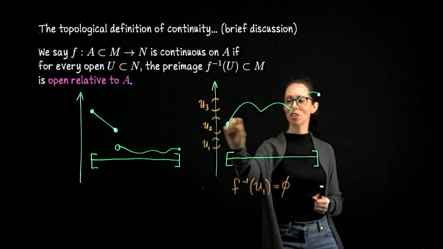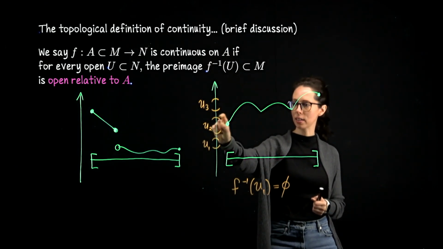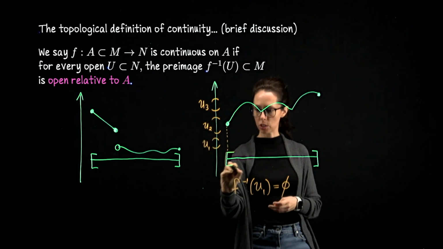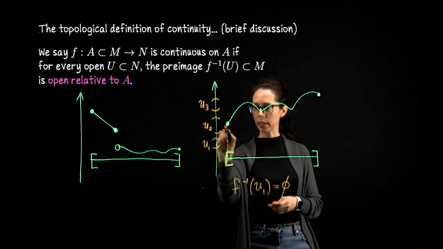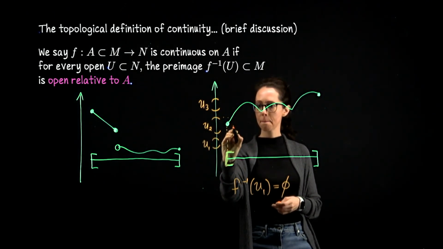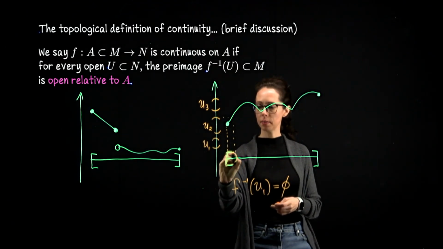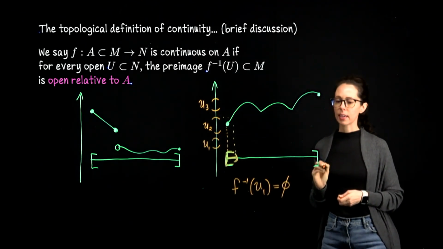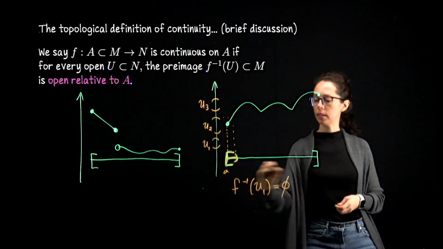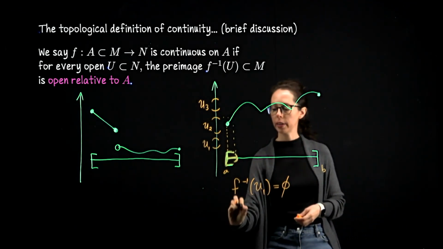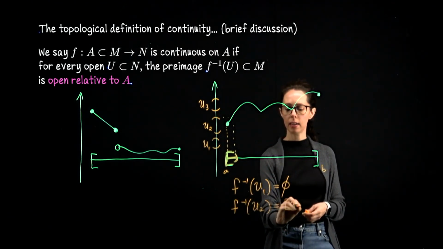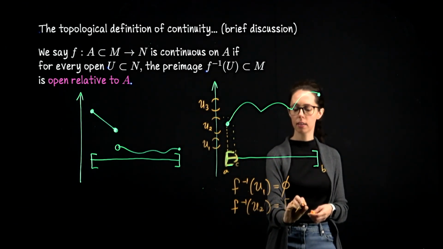So I changed this function so that we really just have to focus on this left side. If I map backwards, the preimage includes this left point and goes to about there. I'll say that this interval is AB, so that the preimage of U2 is from A to this point, let's call it C.